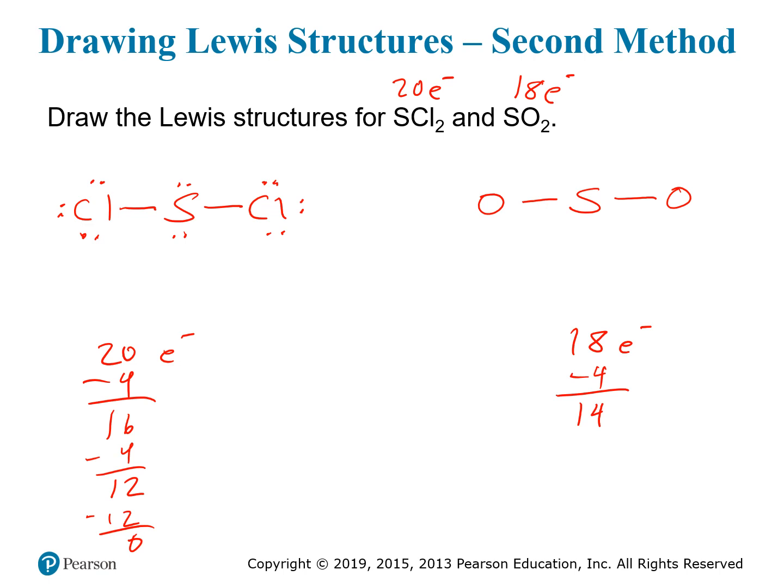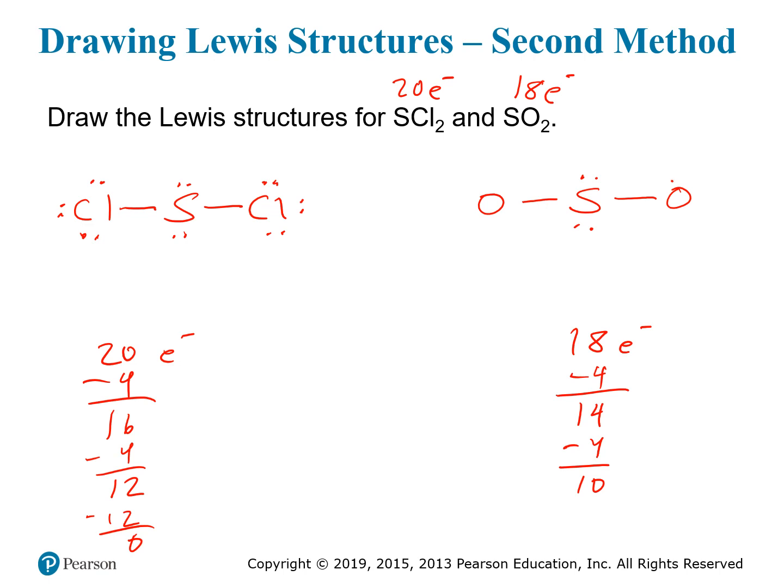Going to sulfur dioxide for a second, we have 14 left. Again, we'll start with those 4 on the central sulfur, which leaves us with 10. But then we run into a problem because we have 2 oxygens left and only 10 electrons. If we split them evenly between the 2 oxygens, then the oxygens are going to get an odd number of electrons.